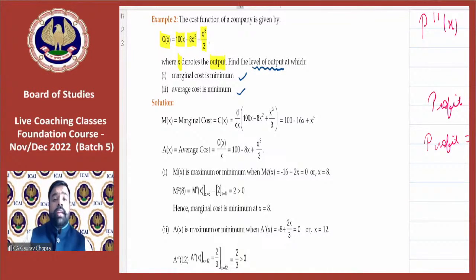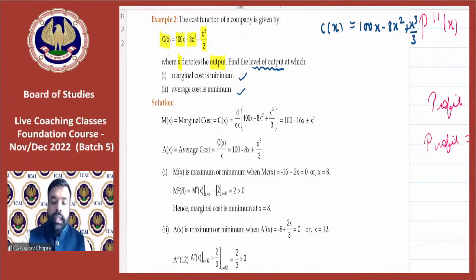So whenever we are talking about the marginal cost, how to calculate the marginal cost? Just differentiate the cost function. So Cx was given 100x minus 8x square plus x cube upon 3. This is the cost function.